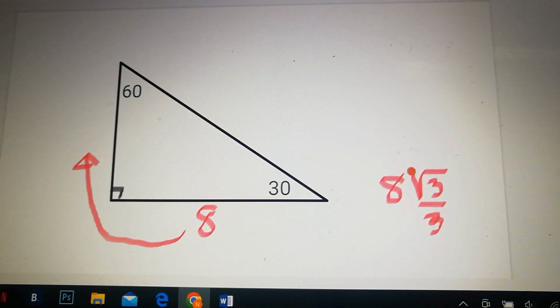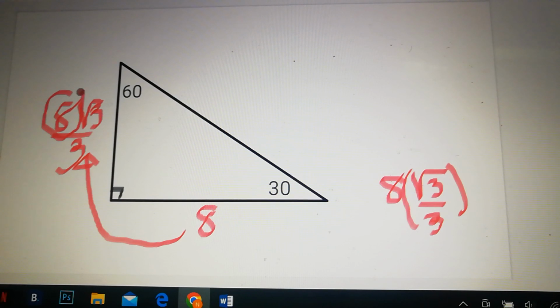So what's the answer? 8 square root of 3 over 3. And how do you find the hypotenuse? Then you can just multiply this 8 by 2. So your answer here is 16 square root of 3 over 3.